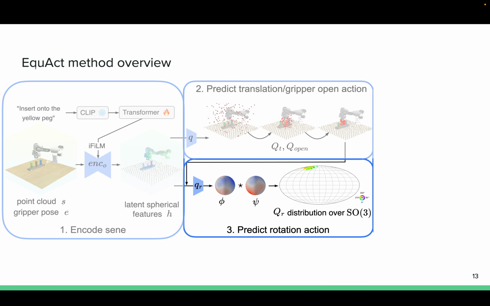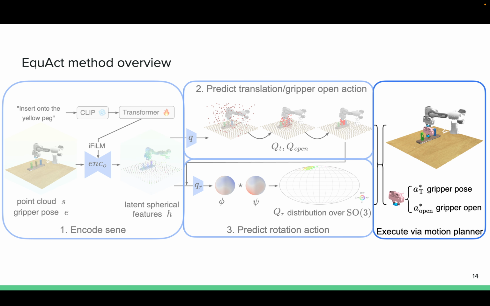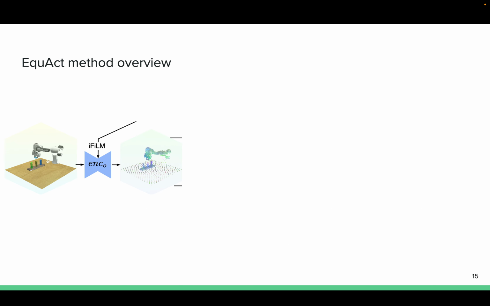Then EquAct predicts the rotation action, which is a Q distribution over SO3. We achieve this through spherical convolution. And lastly, we execute the action through a motion planner.